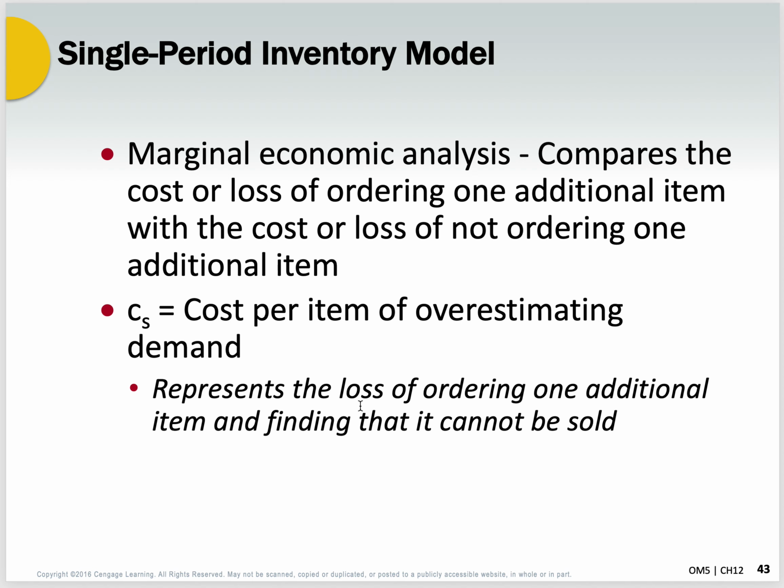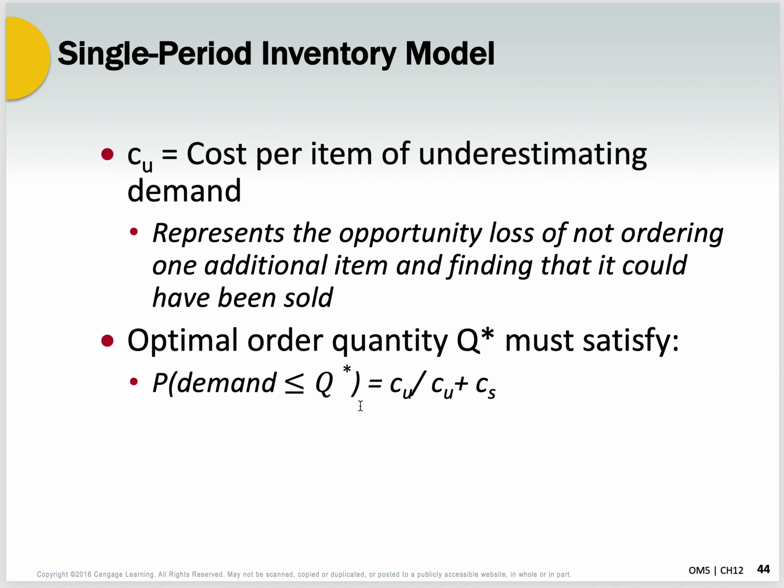So it's the discount you have to sell it at or the scrap value you have to scrap it at. C sub U is the cost per item of underestimating demand. In other words, if I underestimate my demand and I could have sold one more, I've lost the full revenue of that, the full profit of that. So this represents an opportunity lost for not ordering an additional item and finding that it could have been sold.